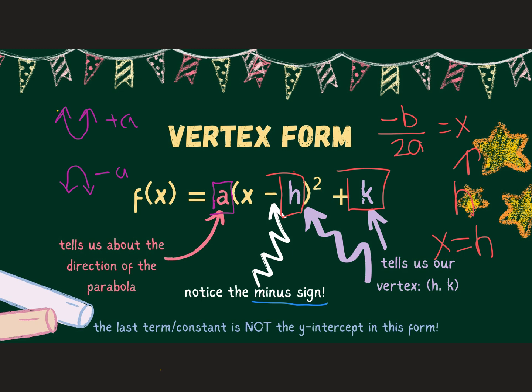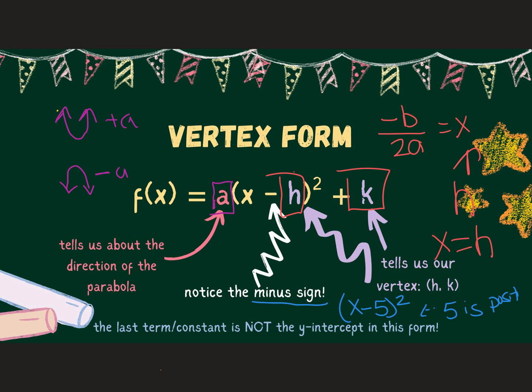So if we have a vertex that has an x value of a positive 5, when we're looking at it in vertex form, you are going to see it written like this, because that 5 is positive. That negative sign is part of the equation. So we know that 5 is positive.